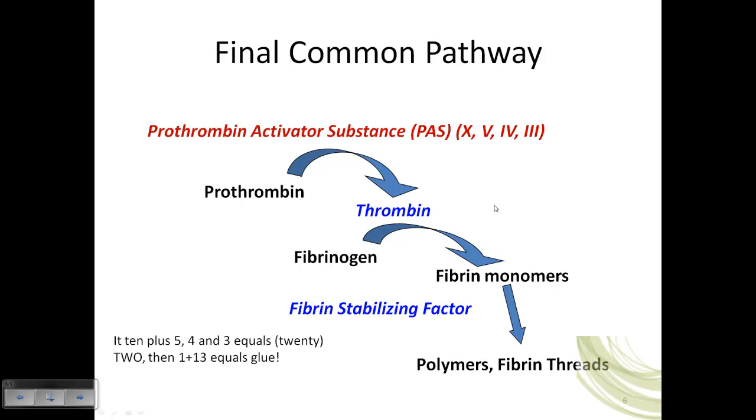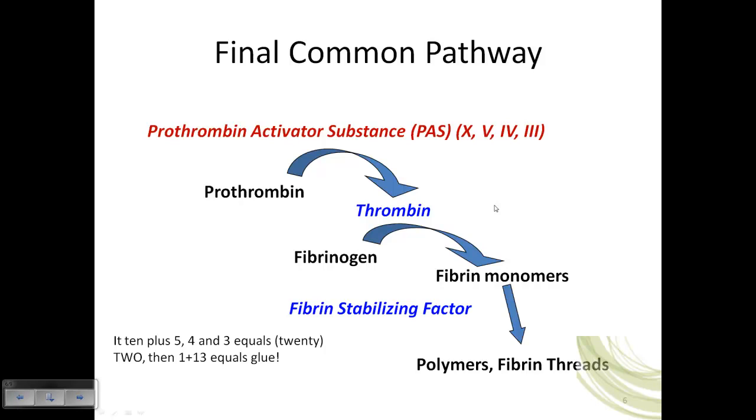Now I remember this entire pathway like this. If 10 plus 5 plus 4 and 3 equals 22, then 1 plus 13 equals glue. Now, it's true 10, 5, 4, and 3 does equal 22.